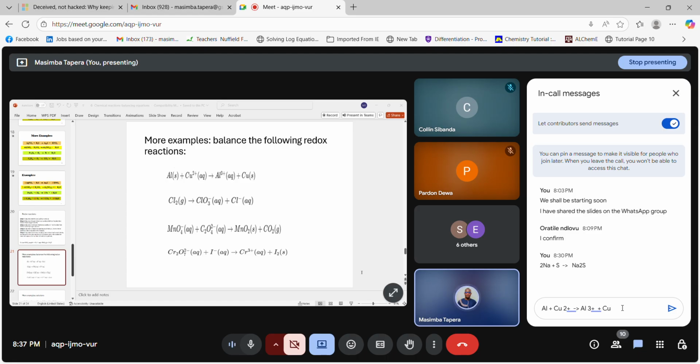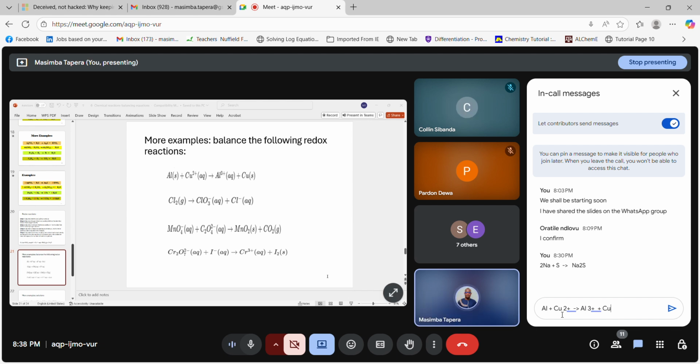Then from there we have to balance the charges. How do we balance the charges? We check the charges on the left side. There is no charge on aluminium. On copper there is 2 plus, which means the total charge on this side is 2 plus. On this side there is 3 plus plus 0, so the total charge is 3. 3 versus 2 means the charges are not balanced.